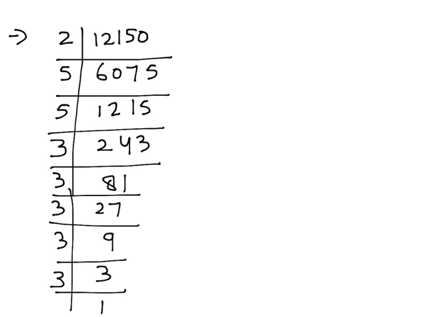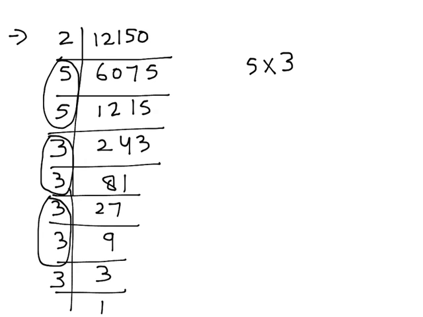So what we get from here is 5 in a pair, so we will write 5 over here. Then 3 in a pair, we will write 3 over here. Then we have another 3 in a pair, so we will write 3 over here. Then we have 1, 3 and 1, 2 that are not in a pair.